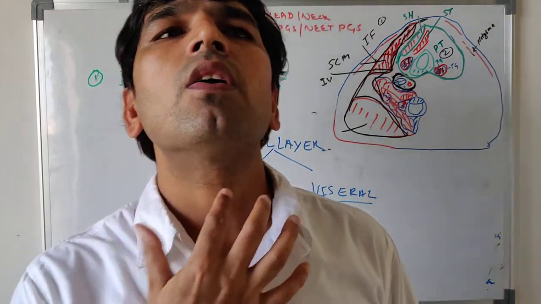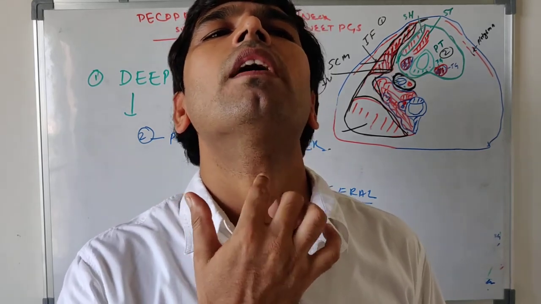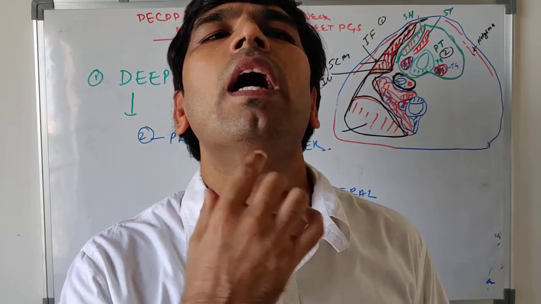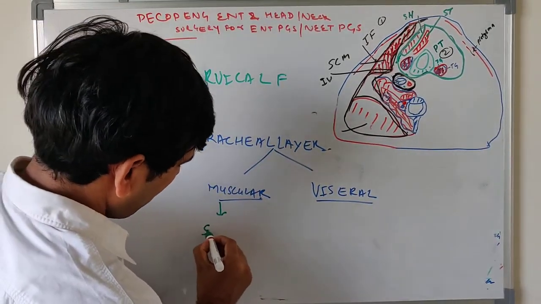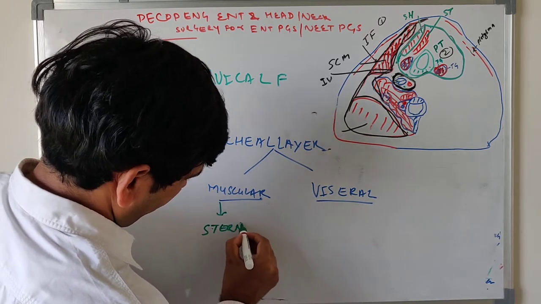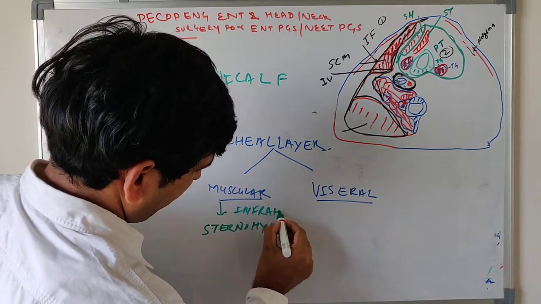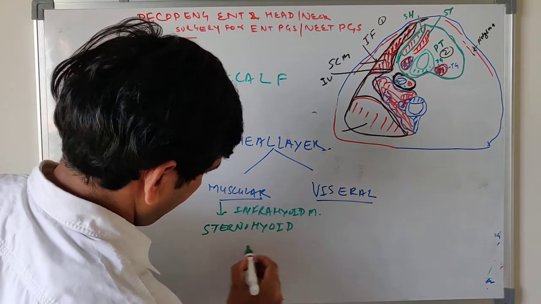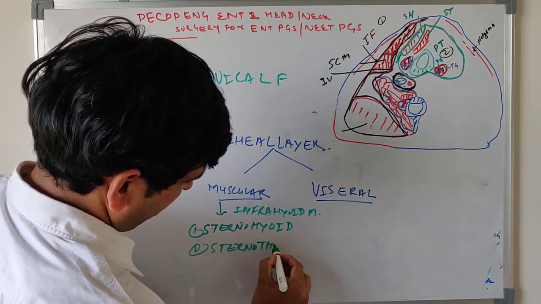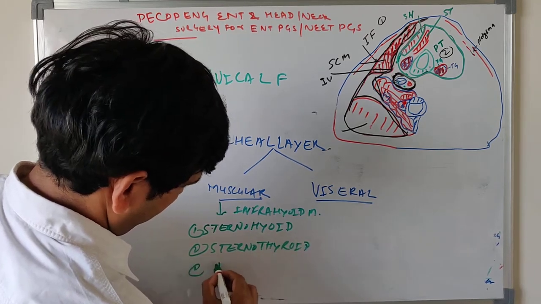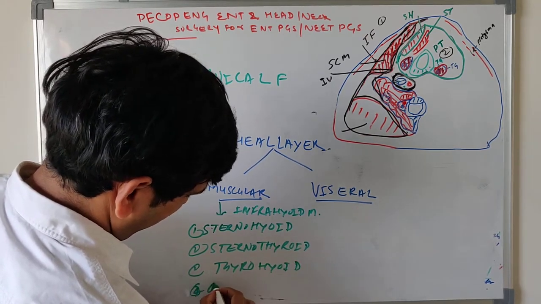There are four strap muscles here from sternum to hyoid: the sternohyoid muscle, then deep to it the sternothyroid, above it the thyrohyoid, and the fourth one is the omohyoid.